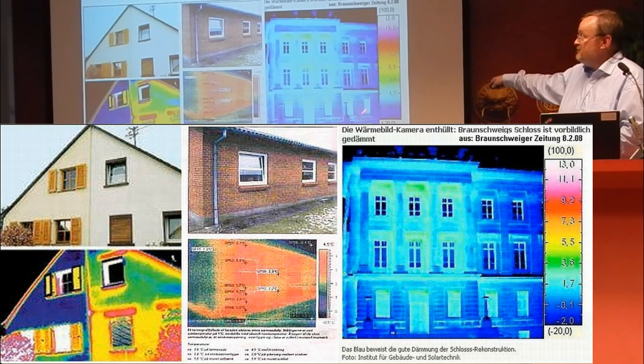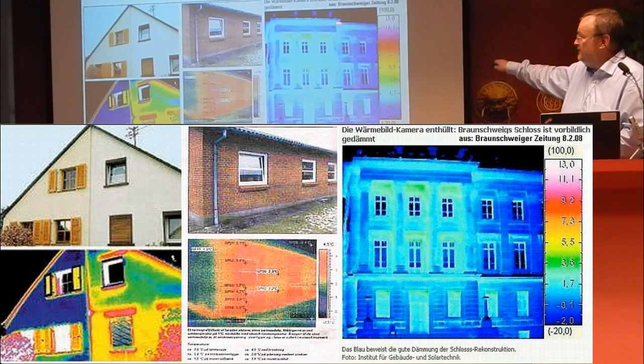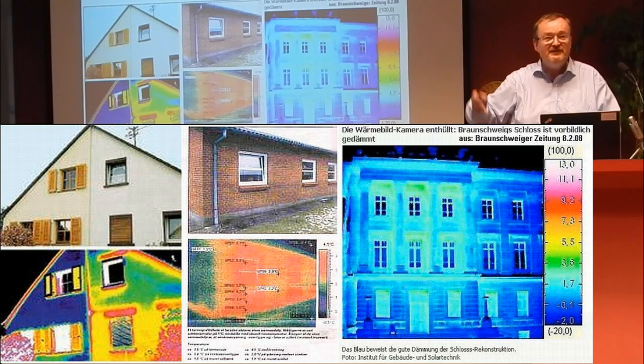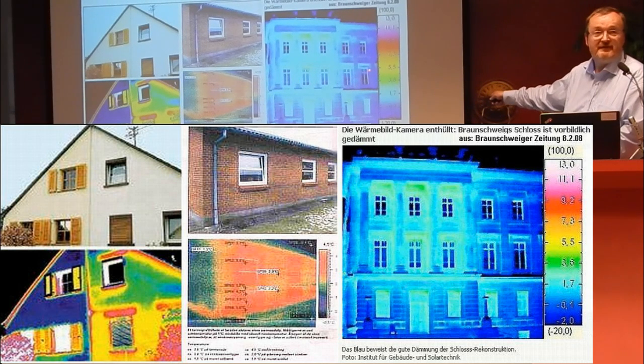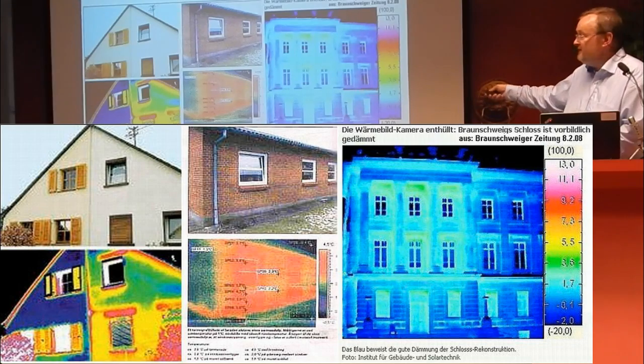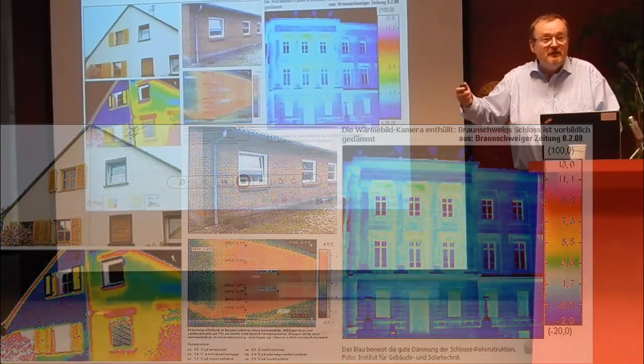And in Braunschweig, the reconstructed castle is completely covered with polystyrene and is completely blue, besides the columns. And the columns are not as cold as the facade. So I think the Braunschweig people now have energy to warm up the columns.